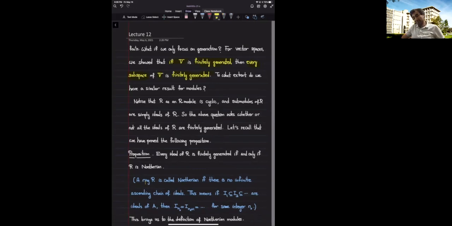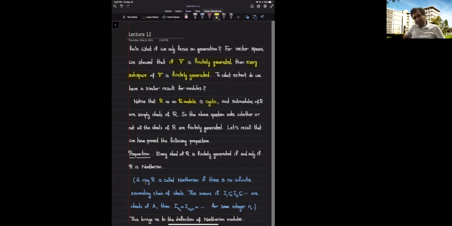One of the simplest R modules that we have discussed is R itself. We said that R can be viewed as an R module, and of course it's a cyclic module. It's generated by 1. In fact, every quotient of R is cyclic. In particular, R modded by the zero ideal, or R itself, is a cyclic module. It's finitely generated by 1 element.